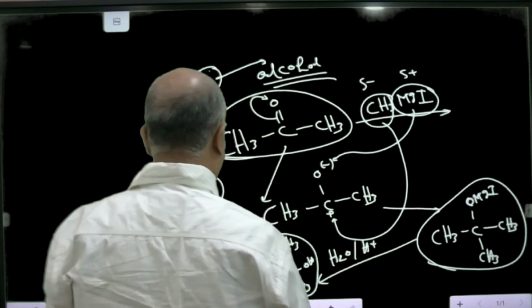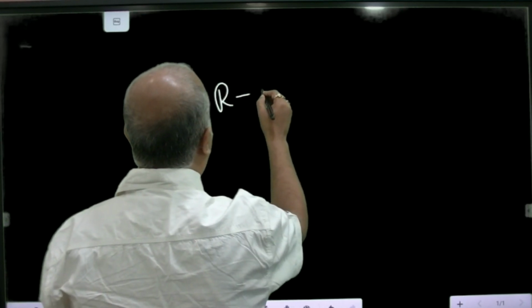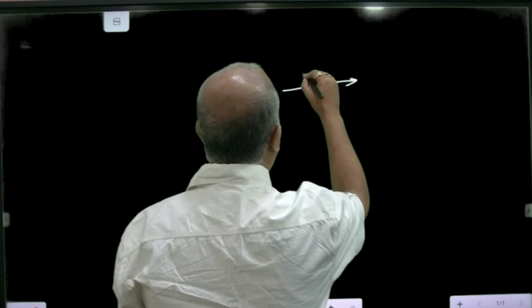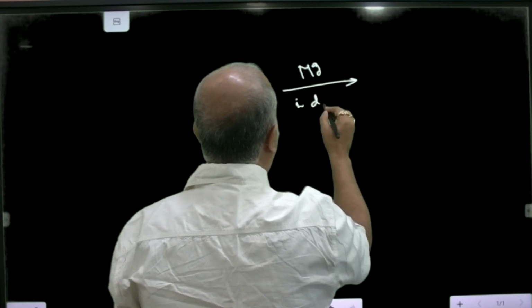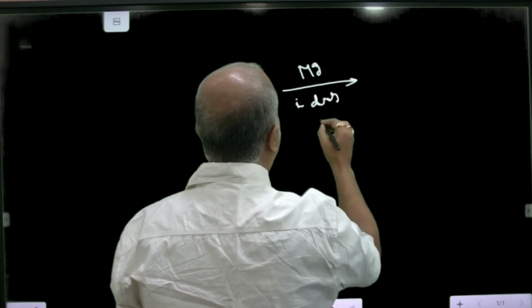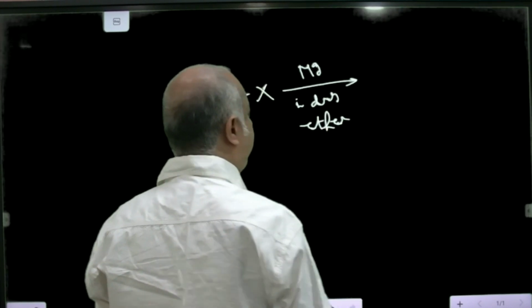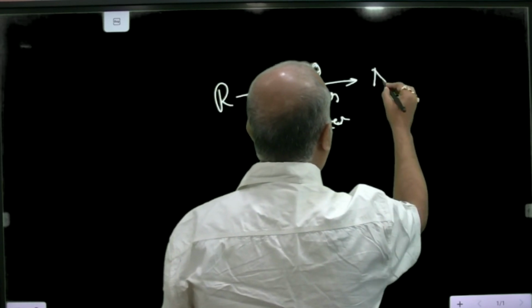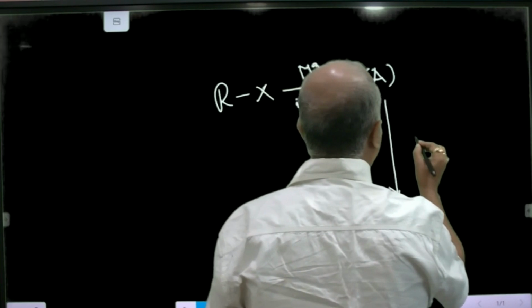Then I will take a good example. This is a various example of the part: RX, magnesium in dry ether, identify the compound A, then epoxide.